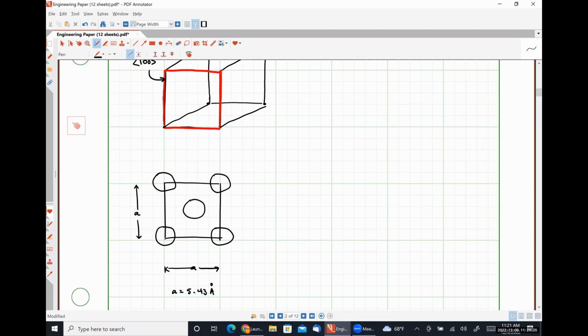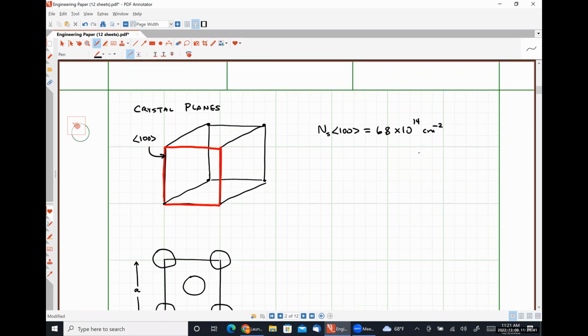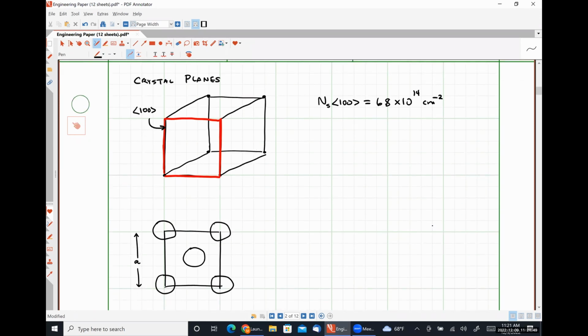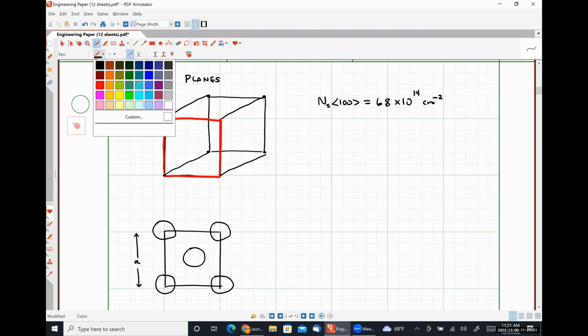If we treat these as hard spheres where the edges of the spheres are touching each other, and we perform the simple math, we have 2 silicon atoms per area A squared, which should give us this number as our areal density, the number of silicon atoms per unit area, right? So that's what the 1, 0, 0 family of planes looks like.